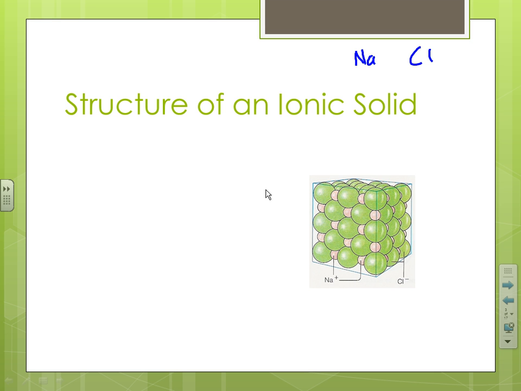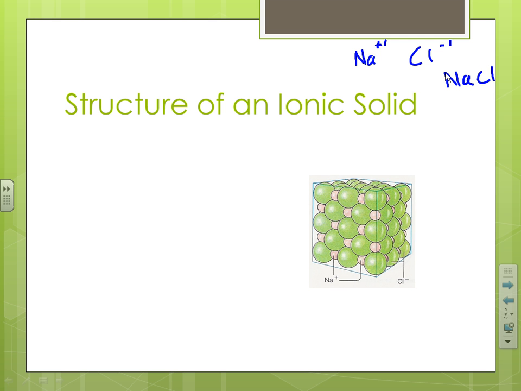If you look on the periodic table, you find that sodium is in the first column, or group 1, it's an alkali metal, so it will form a charge of +1. Chlorine's a halogen, group 17, -1, and that means when they come together, the formula for sodium chloride is NaCl.